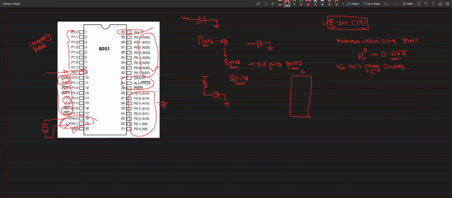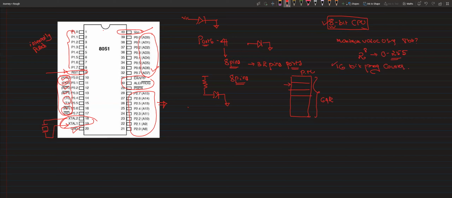If the program memory is external, this 16-bit program counter can address 0 to 2 power 16, that is 64K. So you can store 64K different instructions. The program counter will say which line of the code you are currently executing, since the program you write in the 8051 will have n number of lines.